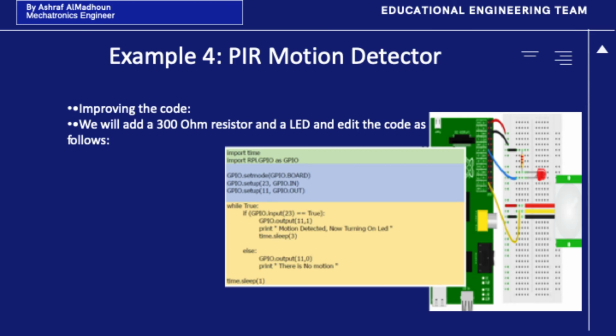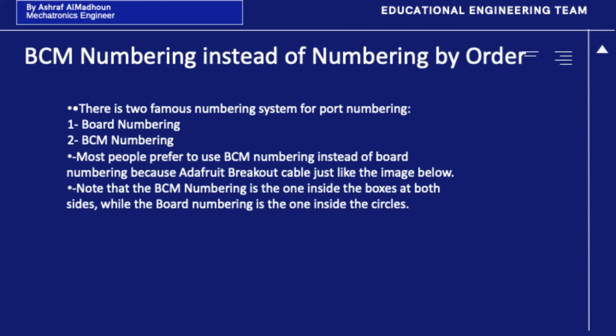To improve the code, we will add a 300 ohm resistor and an LED and edit the code as follows, using BCM numbering instead of numbering by order. Now there are 2 famous numbering systems for port numbering. We have board numbering and we have BCM numbering. Most people prefer to use BCM numbering instead of board numbering because of the Adafruit breakout cable, just like the image you have seen.